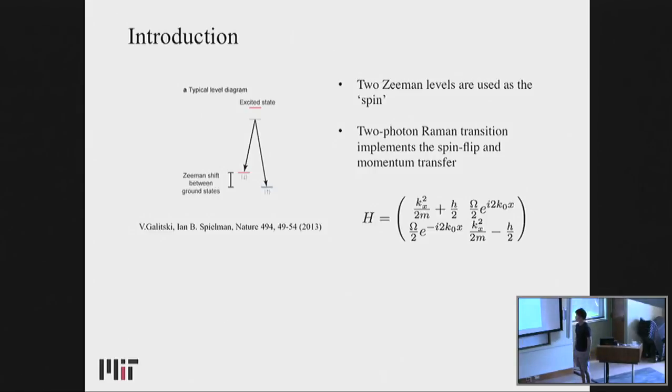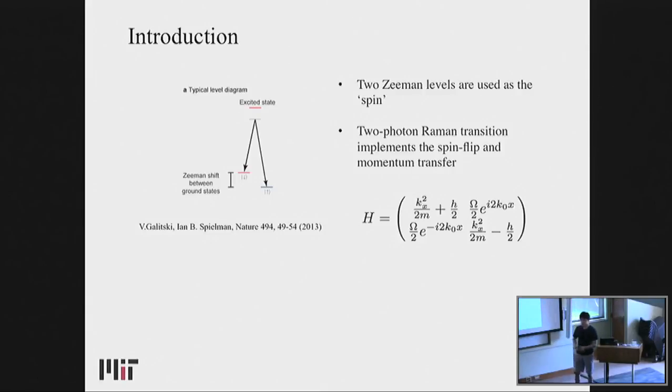If we write down the Hamiltonian, we easily get one with a non-trivial off-diagonal term, which reflects the spin flipping and also the momentum transfer to the system.